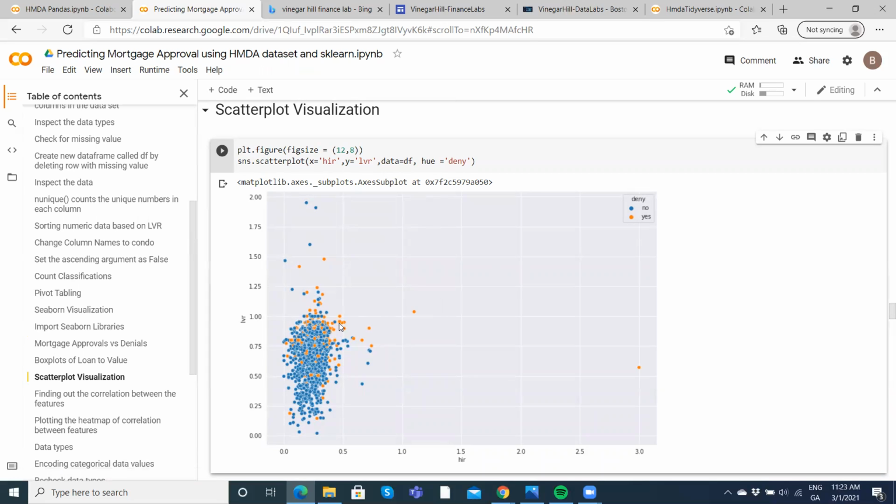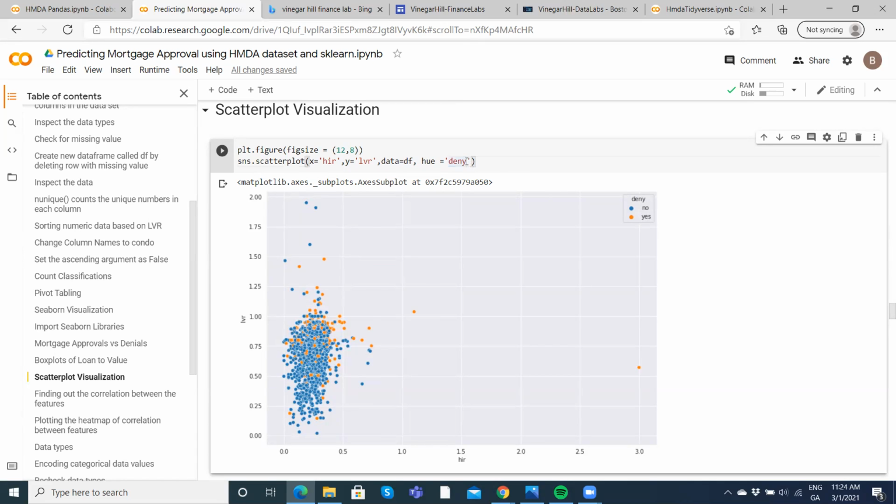And maybe there is a little bit more of those individuals that were denied being in this quadrant with the higher LVR, the higher DIR. That would appear to be true, although we have some confounding single instances here, but there is more of a clustering. So we don't get to create a straight line here easily.